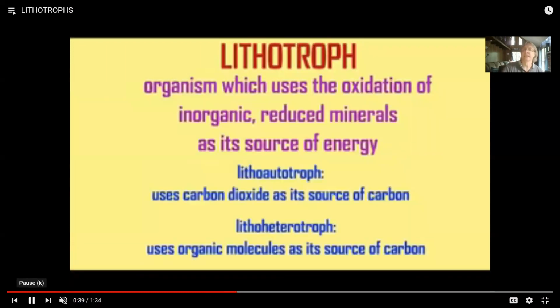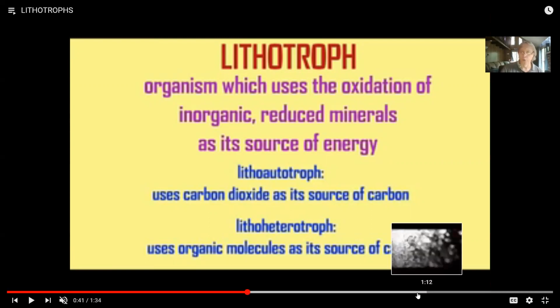They oxidize inorganic reduced molecules in order to get energy from them. So one can oxidize just inorganic materials and live on minerals as an energy source. I'll define these terms in a second, but they can then vary in how they get their carbon. So there are both lithoautotrophs and lithoheterotrophs. So that is one way to get energy.